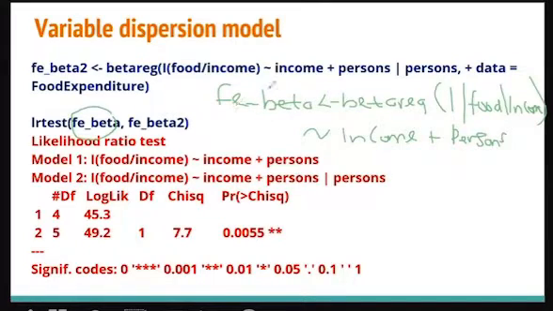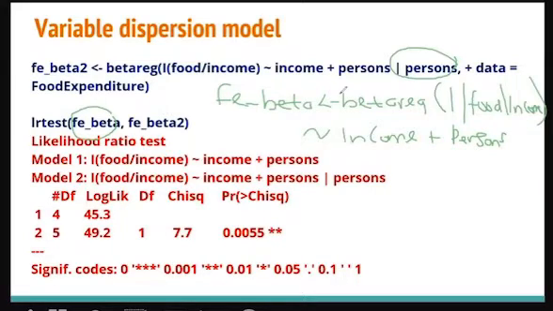So this is FE beta. In the FE beta that I fitted, there is nothing like this guy. But the FE beta 2 is when I incorporated persons. Because let me tell you, the amount of income you're going to spend on food depends greatly on the number of people you have in your household.